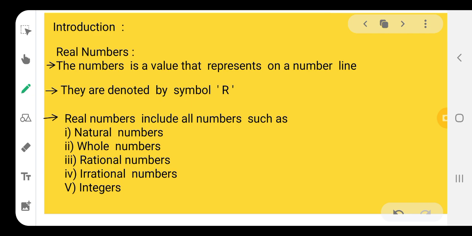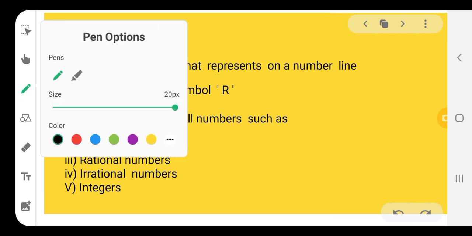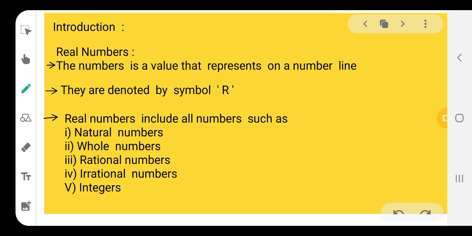So let us start with the introduction. Real numbers. So what are real numbers? A real number is a value that represents a point on a number line. The numbers which are represented on the number line are known as real numbers.